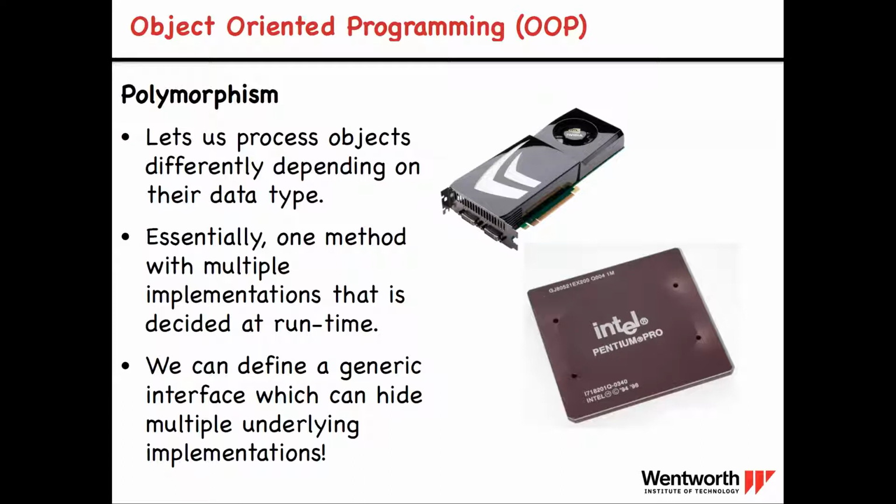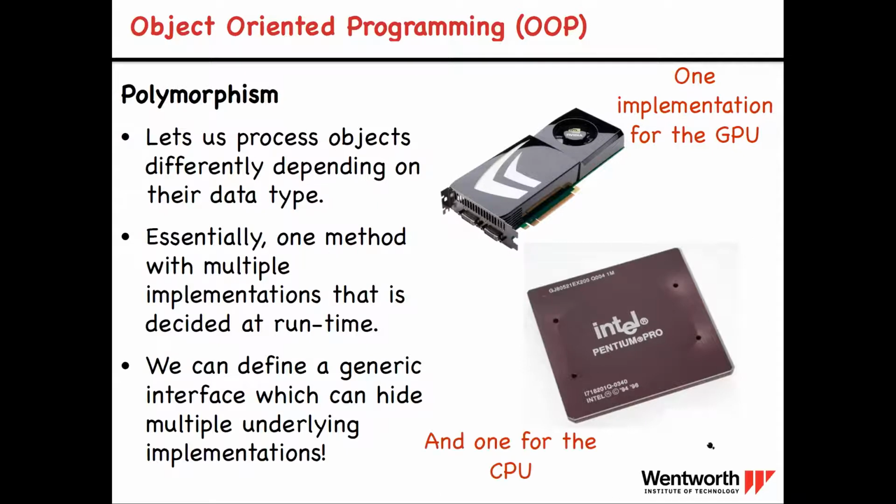So we would write our code, and we would write a way for it to run on the GPU, and a way for it to run on the CPU. And without changing any of our underlying code, we could let our application pick at runtime which one to use.